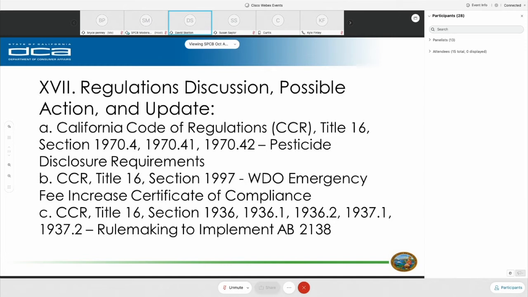So these regulatory sections, 36, 36.1, etc., we adopted to comply with AB 2138. So that's the history of it. It's at the Office of Administrative Law right now. It's ready to be approved. We're just waiting on the Department of Finance to approve the fiscal portion of it, and there are some changes that they wanted to see. As soon as the Department of Finance signs off on it, they'll send it to the Office of Administrative Law, and it will become effective.